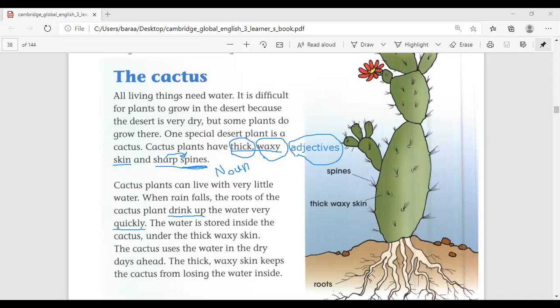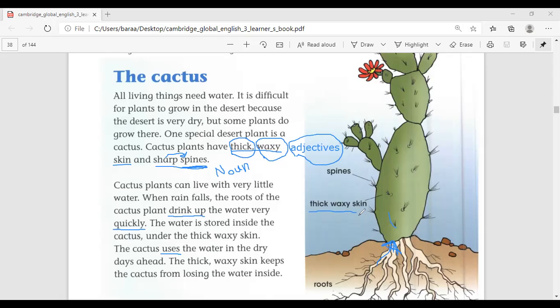So, after the roots absorb the water, what happens? Where is the water stored? The water is stored inside the cactus under the thick waxy skin. So the cactus uses the water in the dry days ahead.